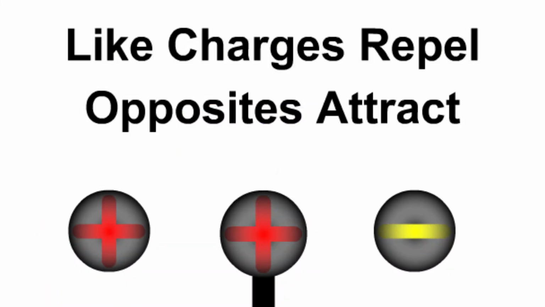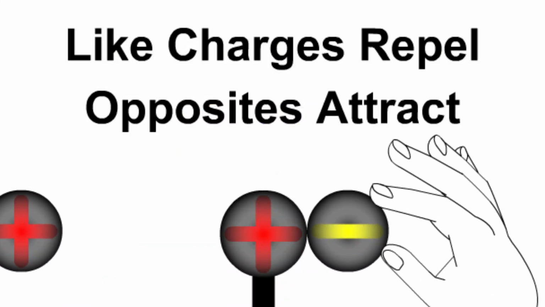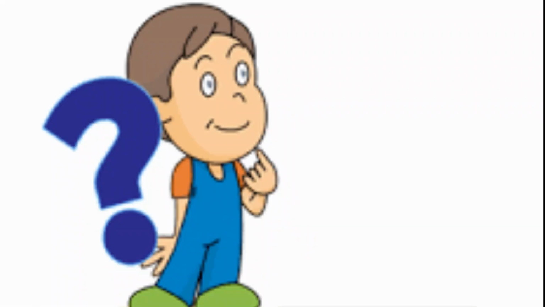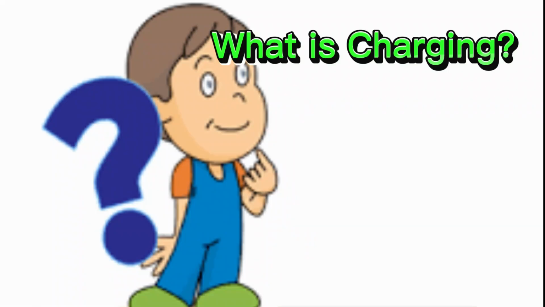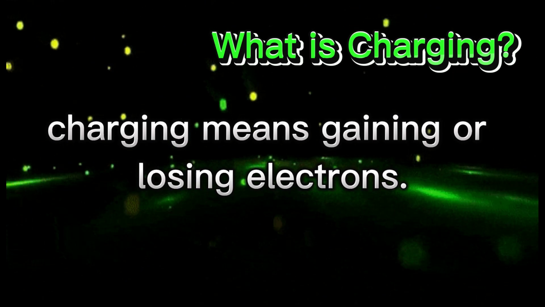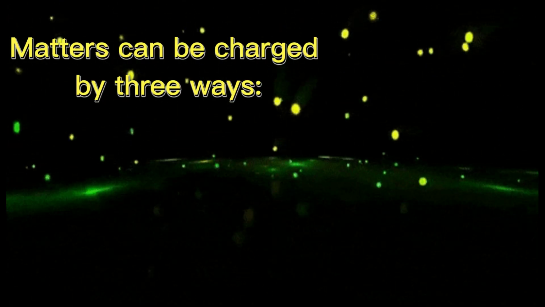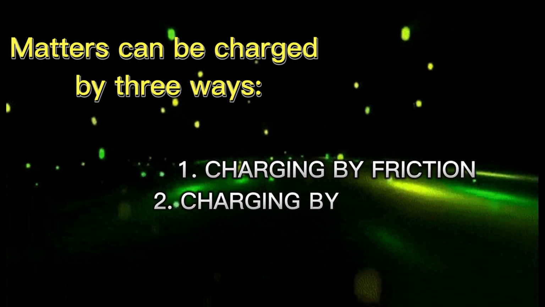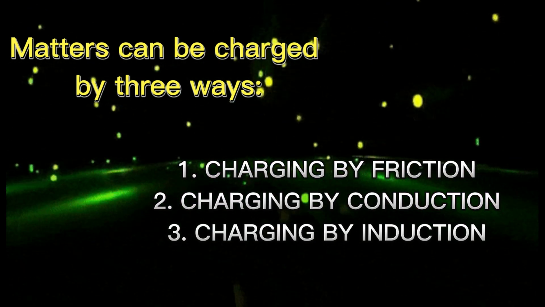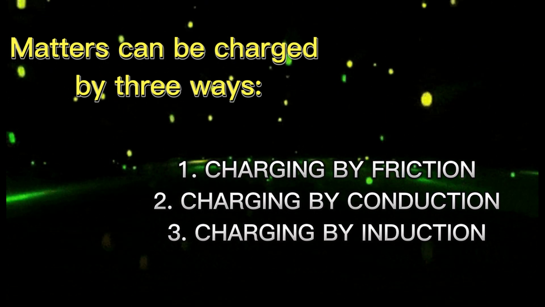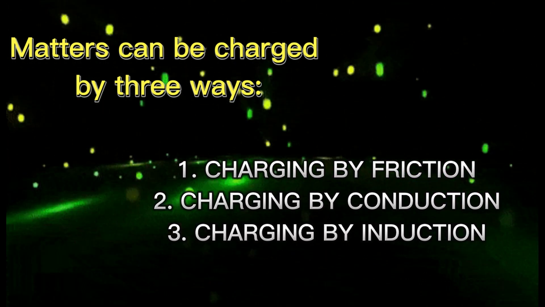Opposite charges attract while like charges repel. Now, what is charging? Charging means gaining or losing electrons. Matter can be charged in 3 ways: charging by friction, charging by contact or conduction, and charging by induction.